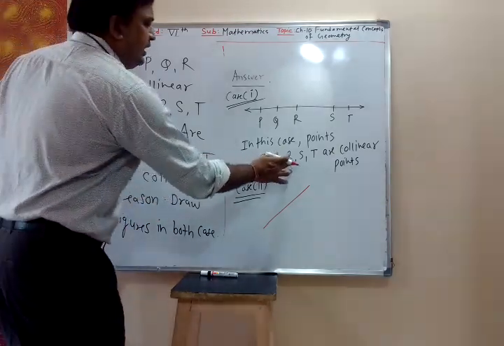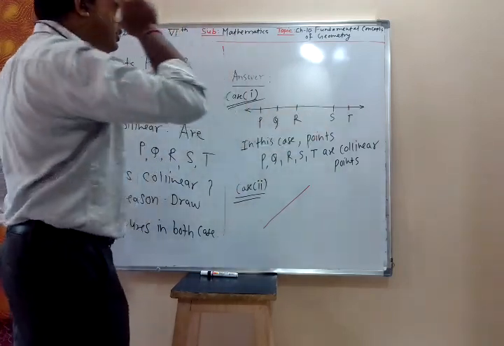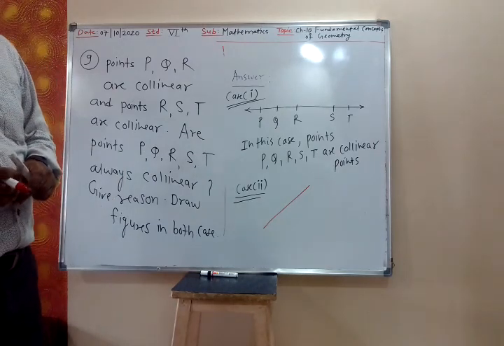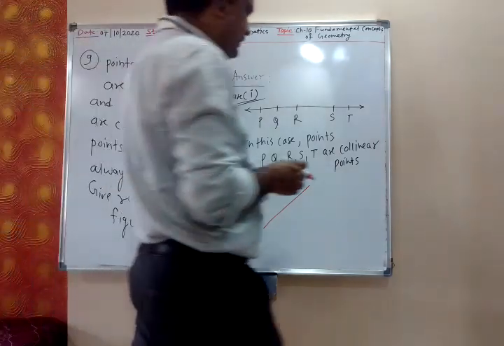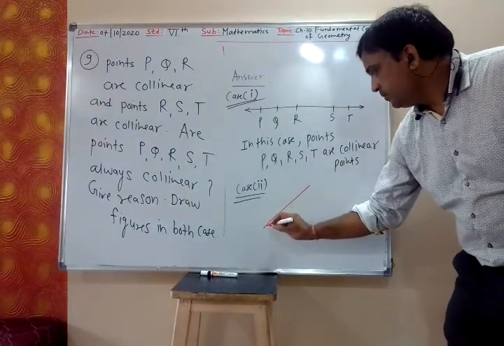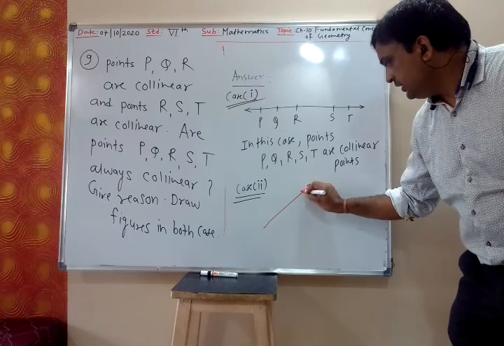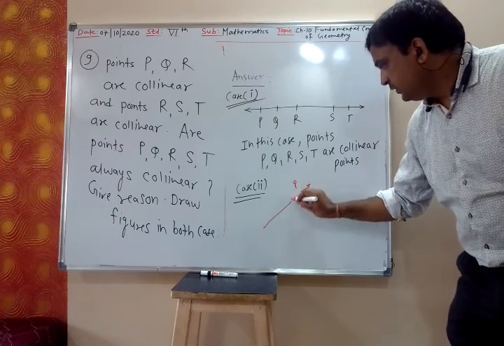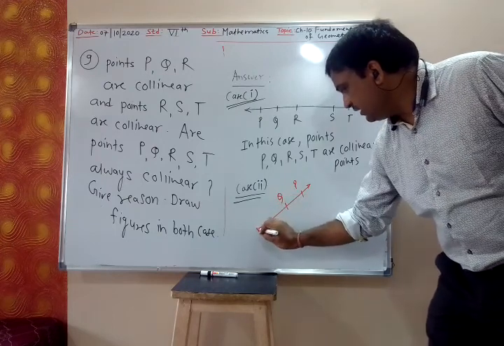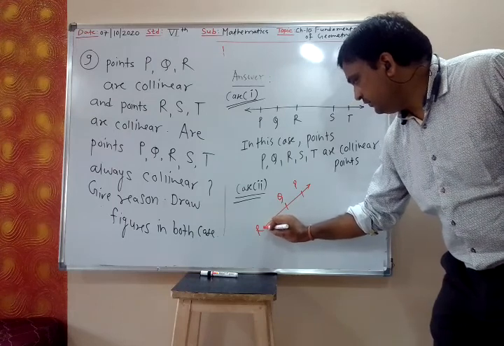Because all the points lie on one single line, so the points are collinear. Now let us take another case, P, Q, R and R, S, T. We take this as P, this as Q, and this is my R. Then from R, we have one line, this.